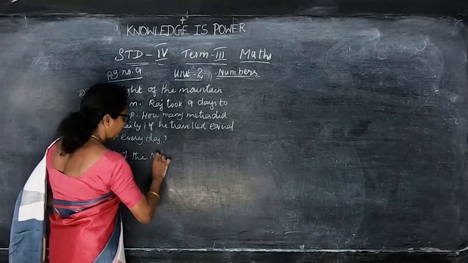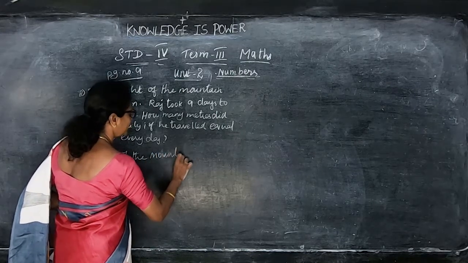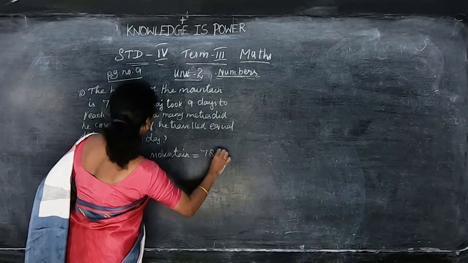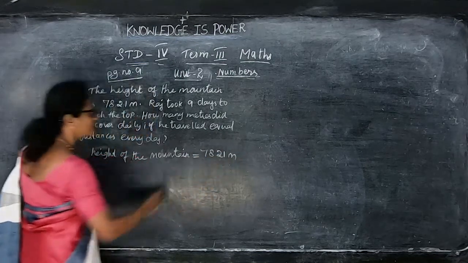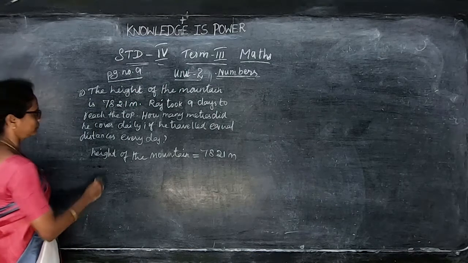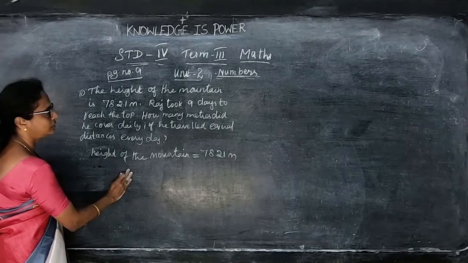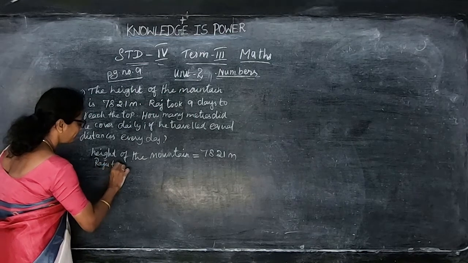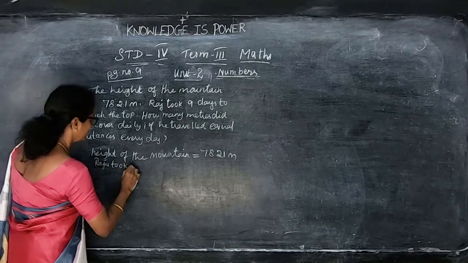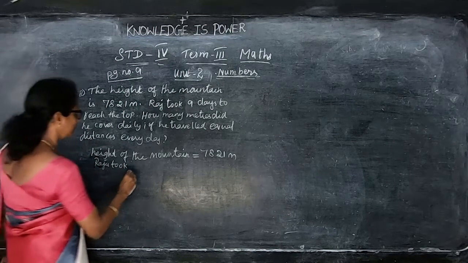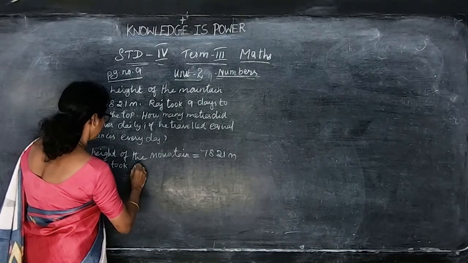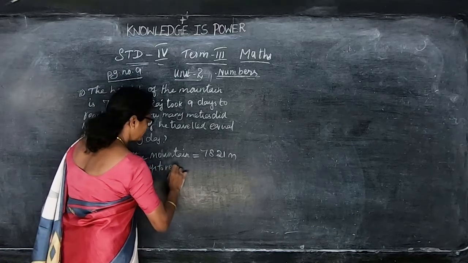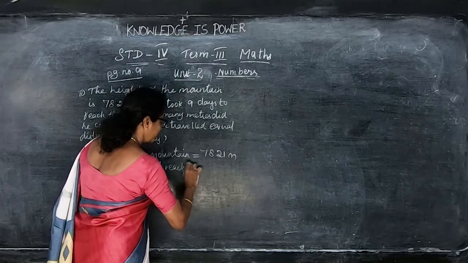Whatever the height of the mountain is, you have to write the statement like this. Height of the mountain is 7,821 meters. Raju took 9 days to reach the top.